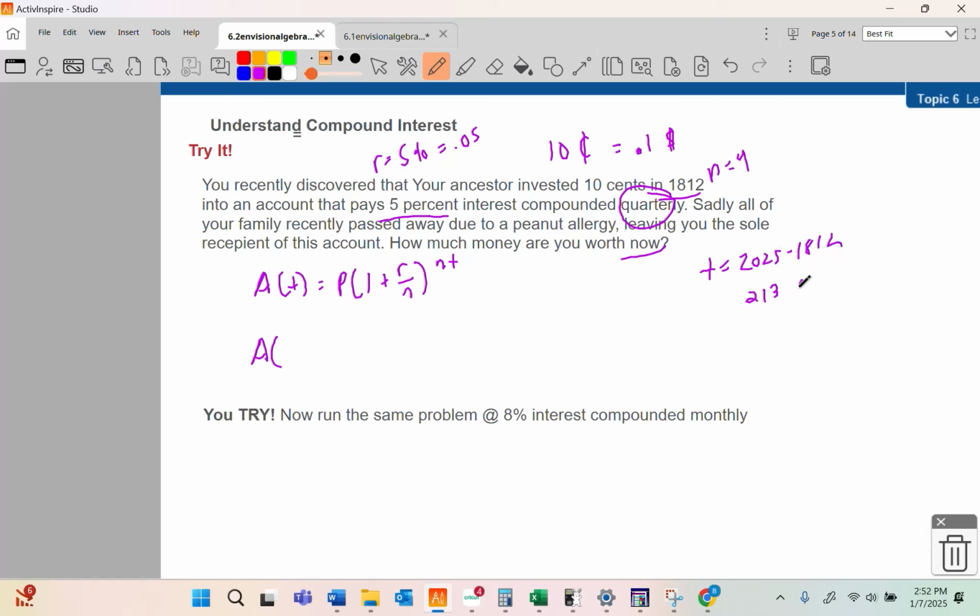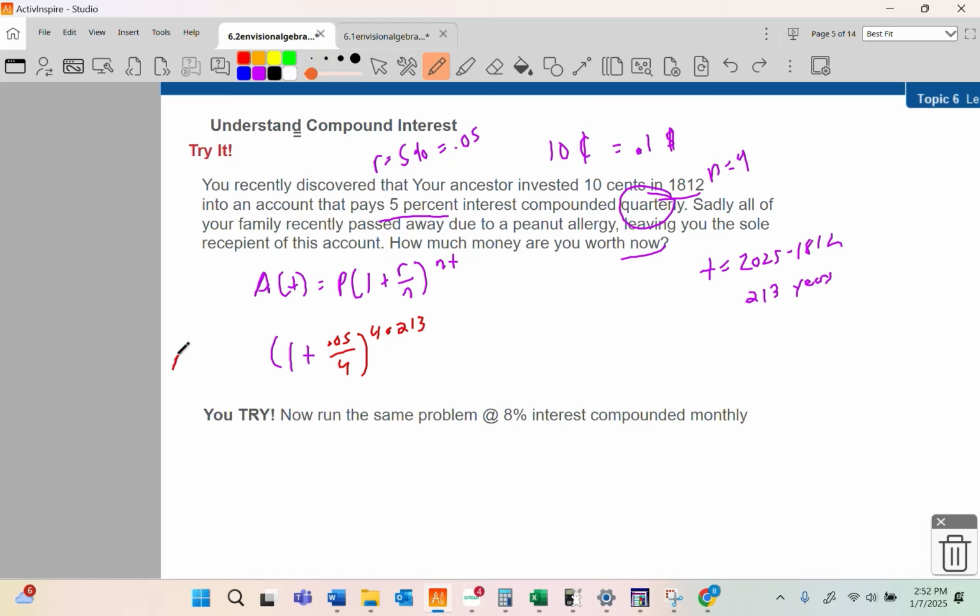All right, hopefully you agree with me. 1 plus the rate of interest expressed as a decimal, 0.05 over n, which is 4, raised to the 4 times 213th power. This is the amount in 213 years, and the principal is 0.1.